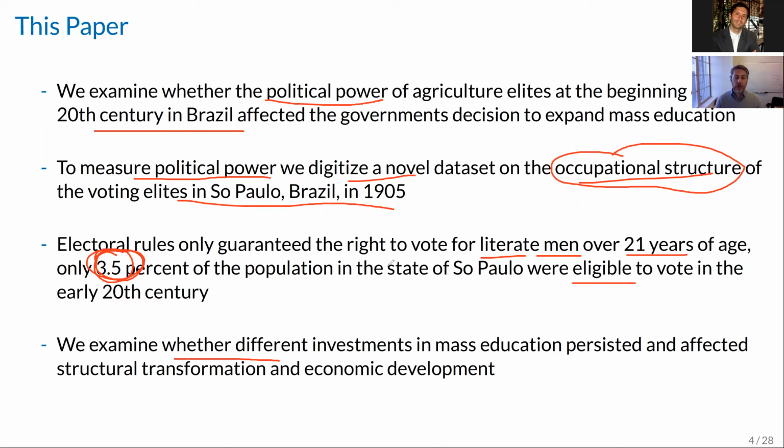And what we're interested in is linking this composition of the voters in the beginning of the 20th century to investments in mass education made both in the beginning of the 20th century, but then we're going to measure over time whether those investments in education persisted among places where you have more of this agrarian elite voting vis-a-vis less of the agrarian elite voting. And we're going to try to link, yes.